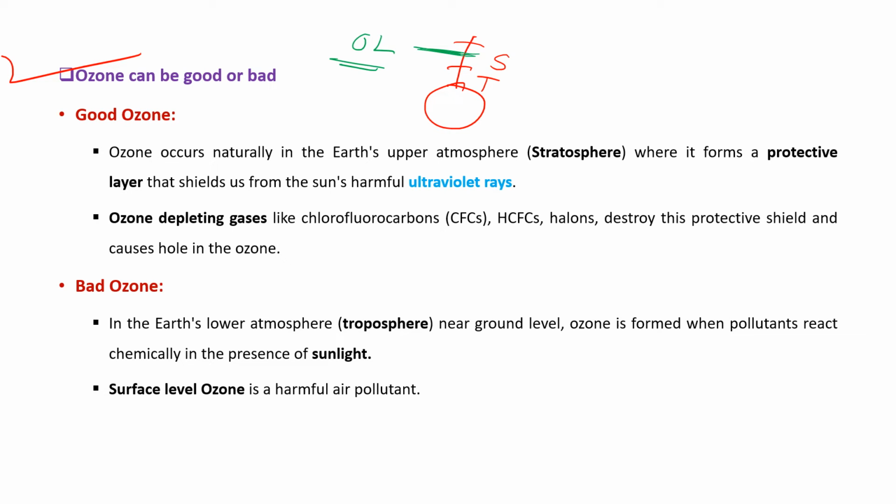So whatever ozone is present in the ozone layer, or we can say the stratosphere, that is known as good ozone. But whatever ozone is present in the troposphere, that is the bad ozone, because it is a strong oxidant and it has a harmful effect on living beings, on plants, on properties, everything. So that's why it is known as bad ozone.